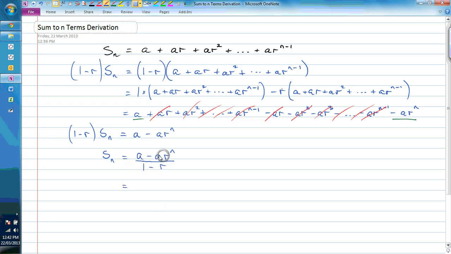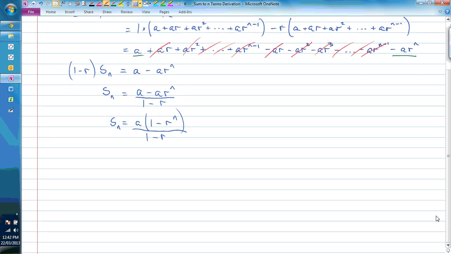And finally, just to tidy up, there's an a in both terms on the top, so I can factorize that out. And we get this formula here. Sn equals a outside of 1 minus r to the n over 1 minus r.